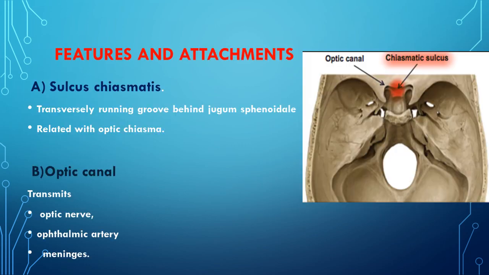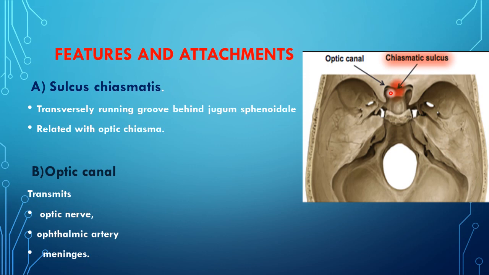Let us see the features and attachments of the middle cranial fossa. Now here, this is the sulcus chiasmaticus. This depression, this groove that you see here, is the sulcus chiasmaticus.